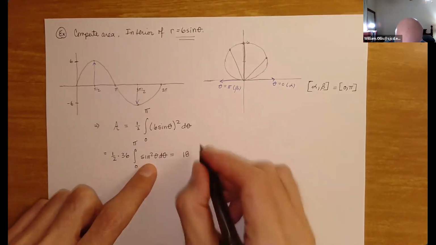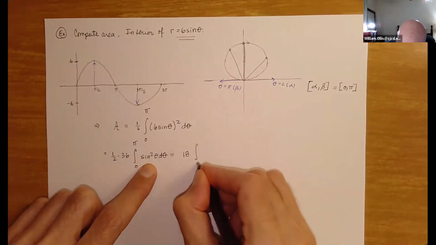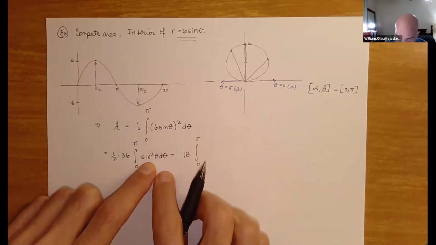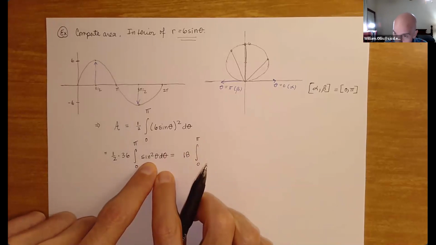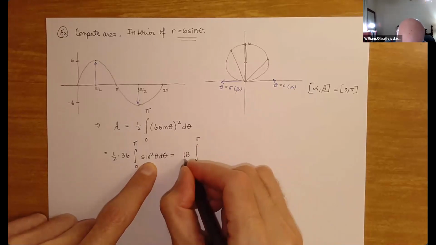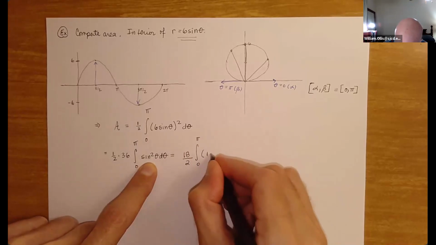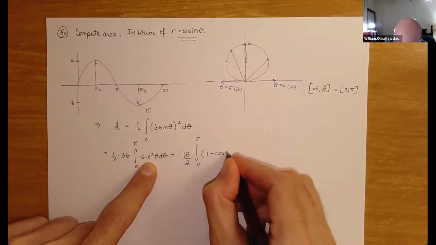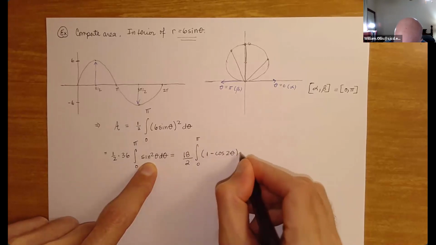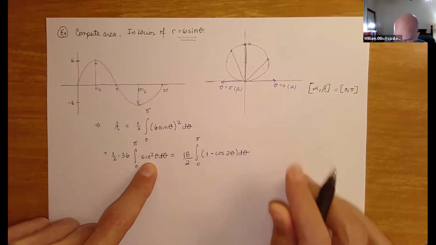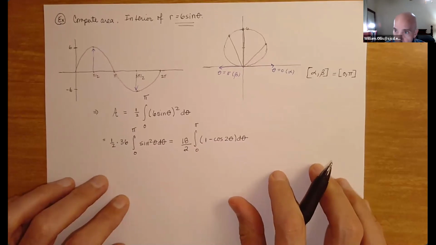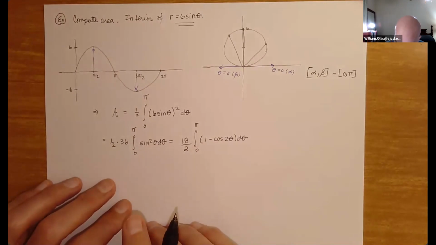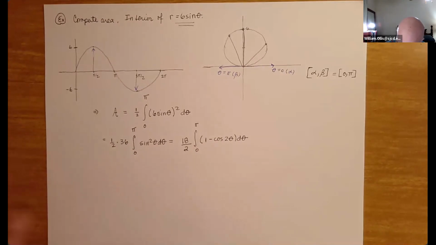And now we can analyze this just using the power reducing. So we have the 1/2. So I'll go ahead and move the 1/2 outside, and that will be 1 minus cosine 2 theta using the power reducing. Our good friend, Pythagorean identities, that we live for them. We have to have them.